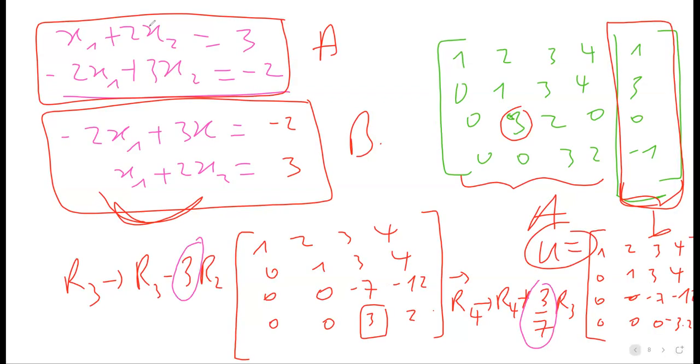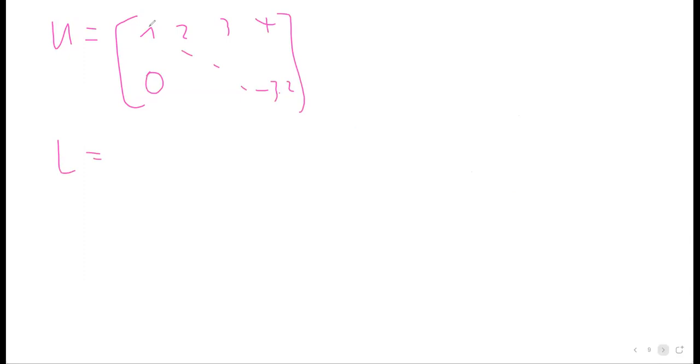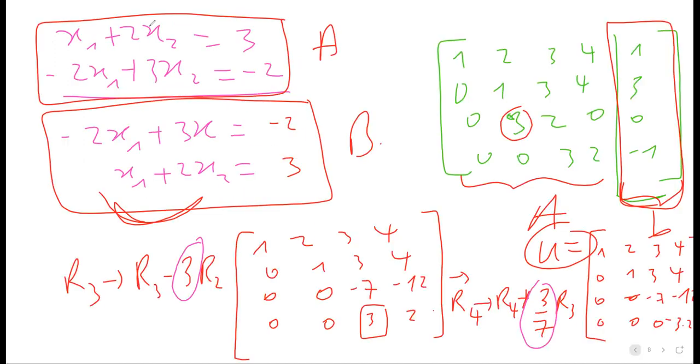In this case, we have a U, which is 1, 2, 3, 4, zeros here, and so on, up to minus 3 point something. This U here. And then your L is 1, 1, 1, 1, zeros on the top.